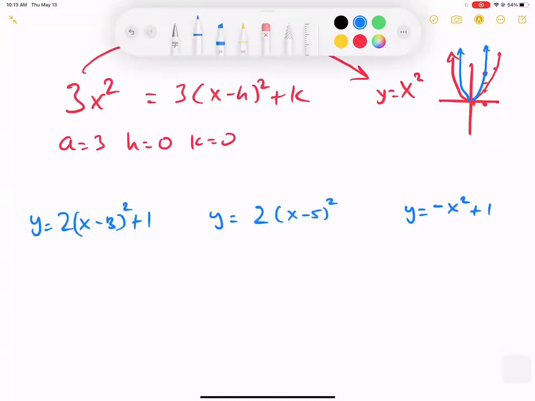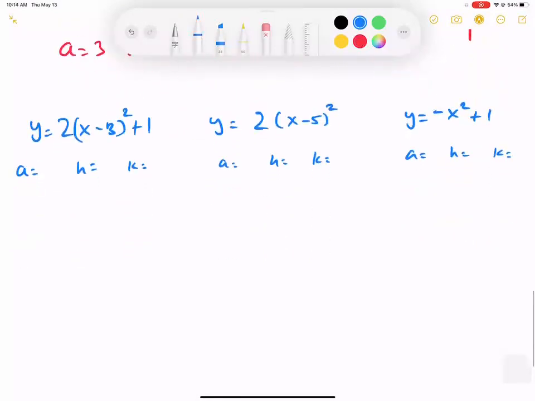I want you to tell me, if you can, what is the a, h, and k for all these. So these are the 3 different types that we've seen before. These are all the forms of the vertex form that we can use.